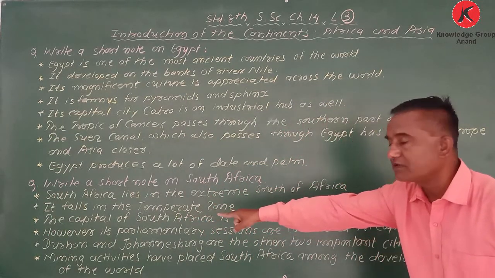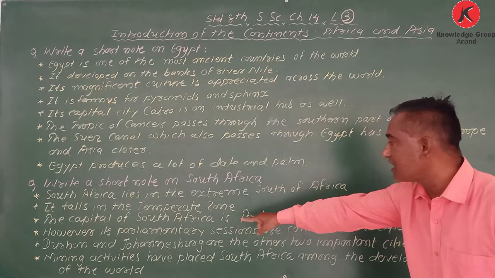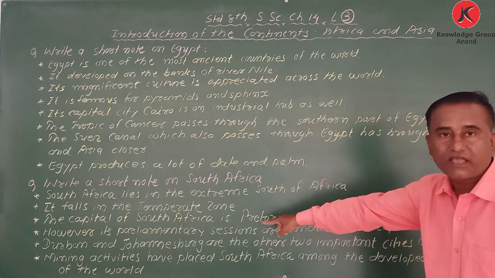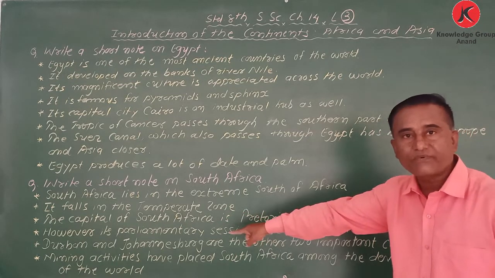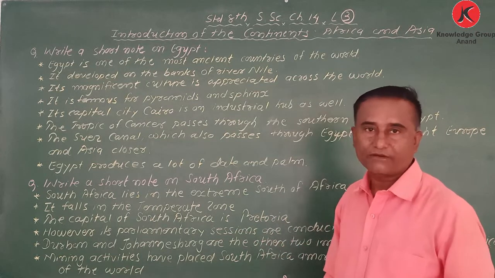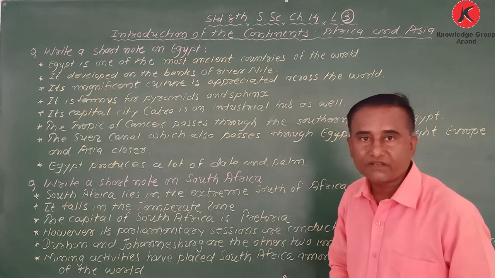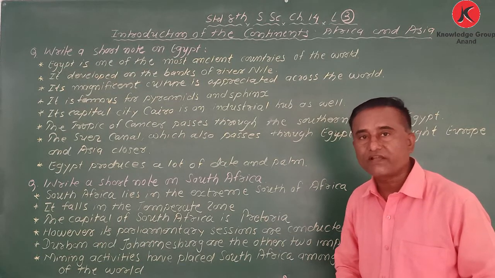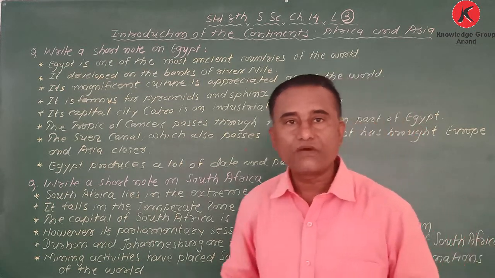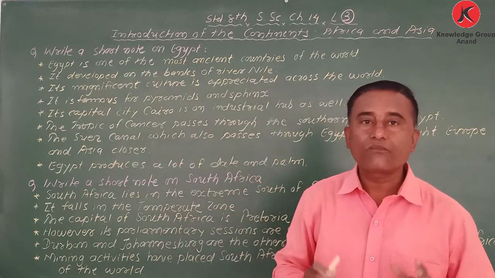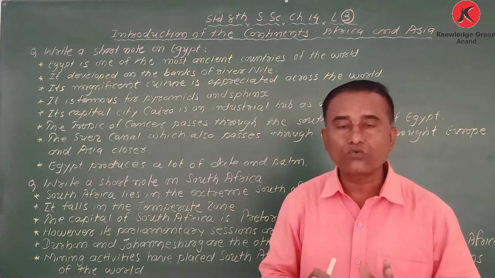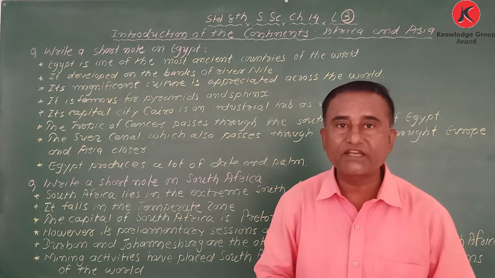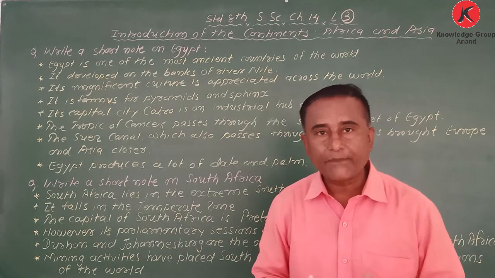Third point: the capital of South Africa is Pretoria. Which is the capital? Pretoria is the capital of South Africa. My dear student, normally the parliament of a nation is located in the capital city.